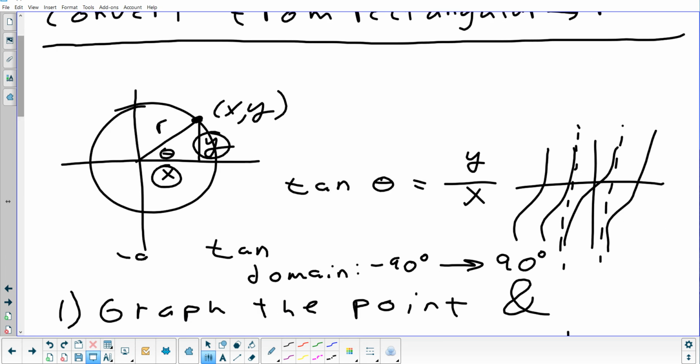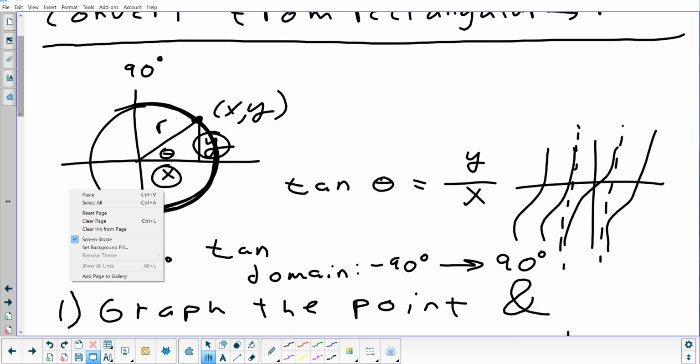What quadrants would you always be in if your answer is between -90 and +90? You'd always be in 1 or 4. Inverse tangent by itself will never give you an answer in quadrants 2 and 3. Well, that's a problem because you could have a coordinate like (-2, 5), and you have to convert that to polar. So what do you do if you have a problem in quadrants 2 or 3?